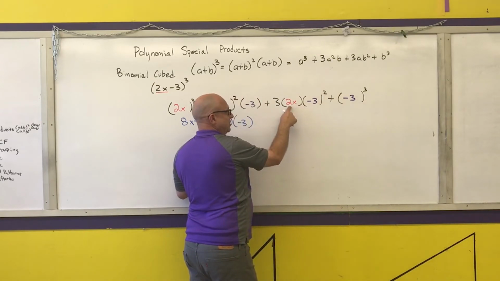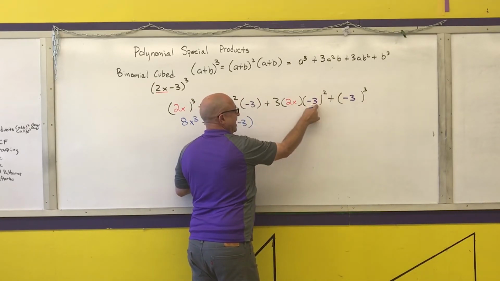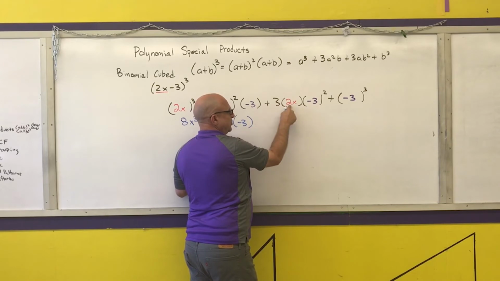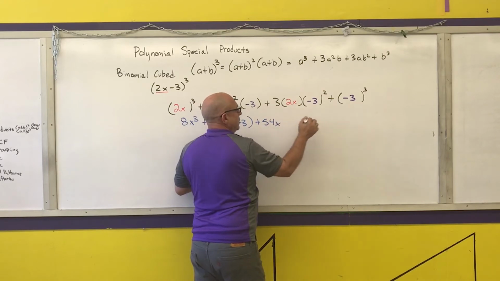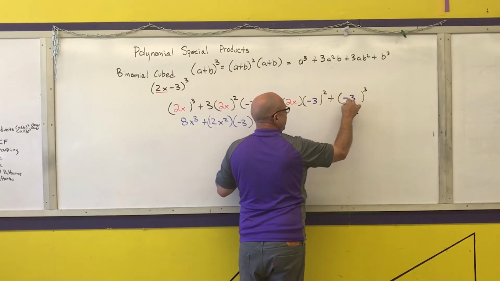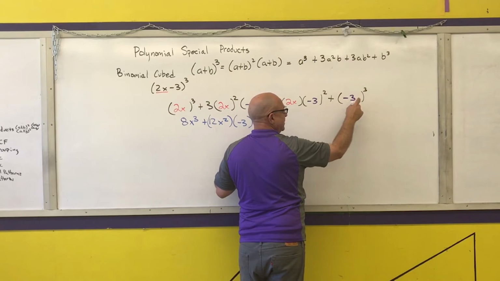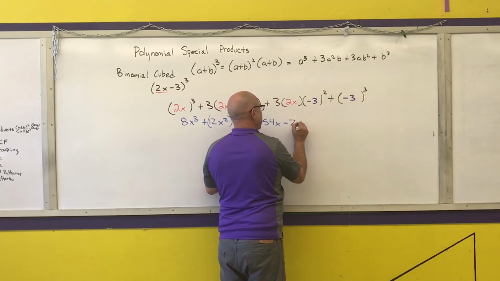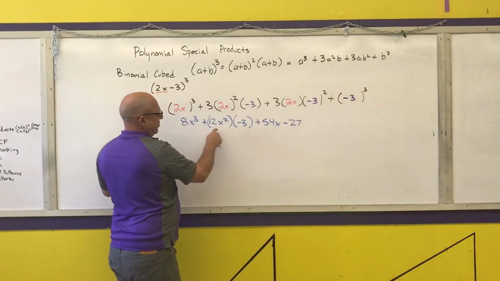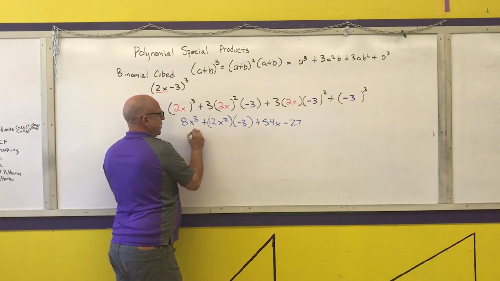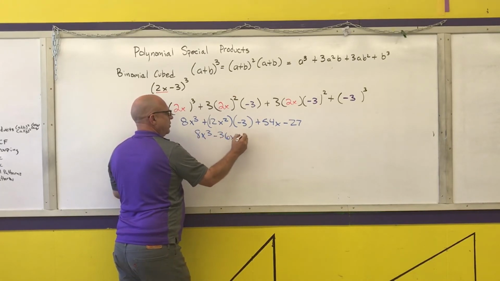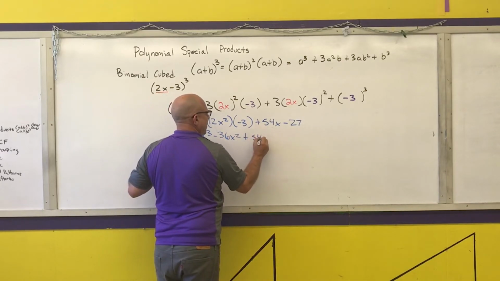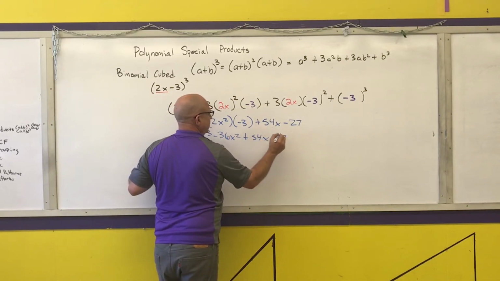Actually, let's do it this way: 9 times 3 is 27, times 2 is 54, and 54 times x is 54x. Negative 3 cubed, negative 3 times negative 3 is 9, times negative 3 is negative 27. In this middle term, I do need to do this multiplication. 8x cubed minus 36x squared plus 54x minus 27.